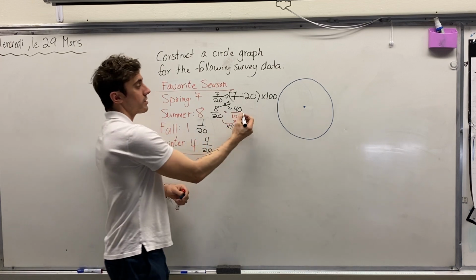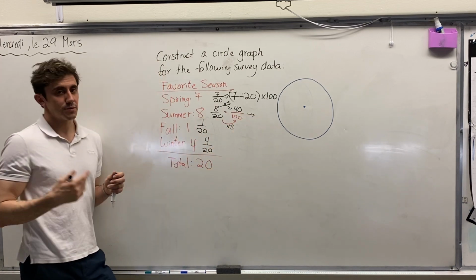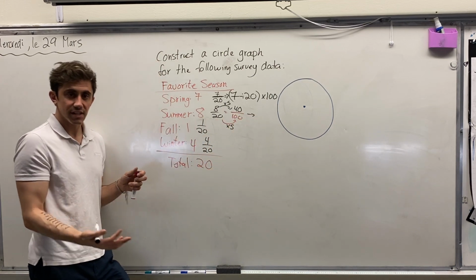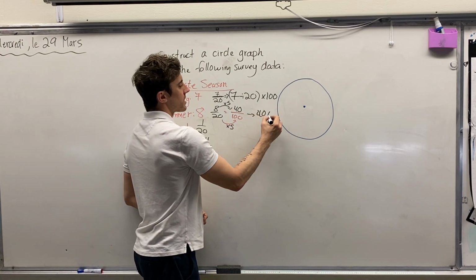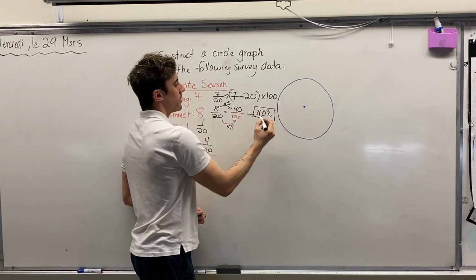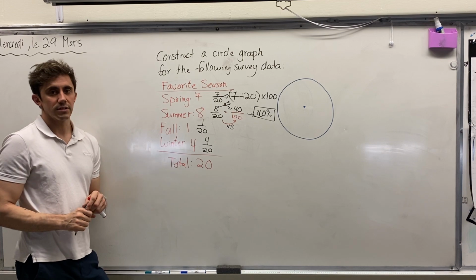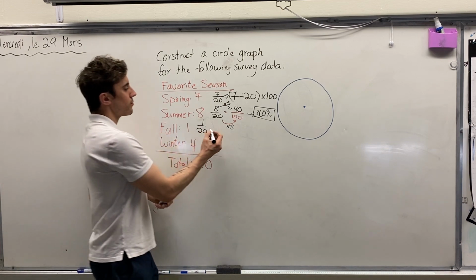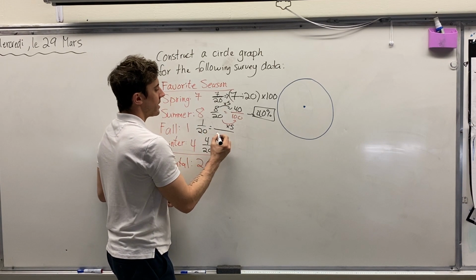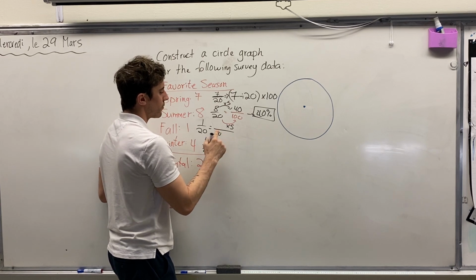Now, 40 out of 100 naturally converts to percent, because percentages are always out of 100 by definition. And so we get 40% of the votes were casted for summer, okay? Next up, we have 1/20 for fall. And so again, we have the same denominator as before.